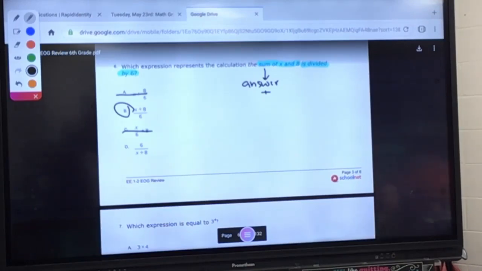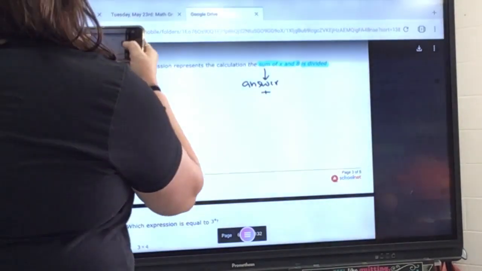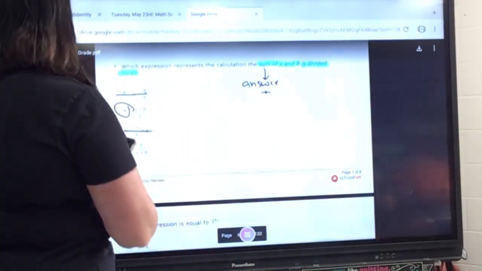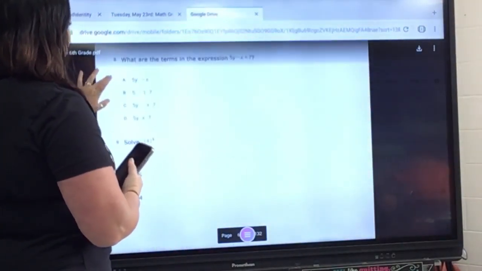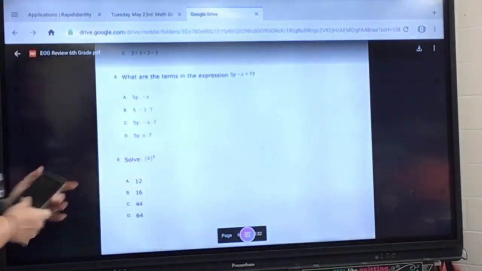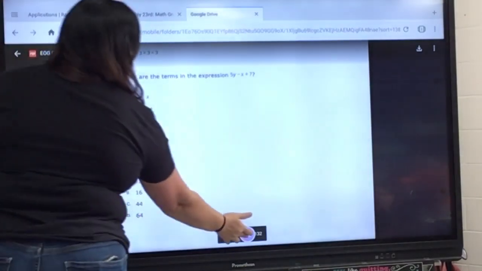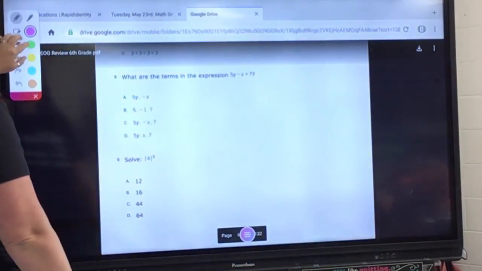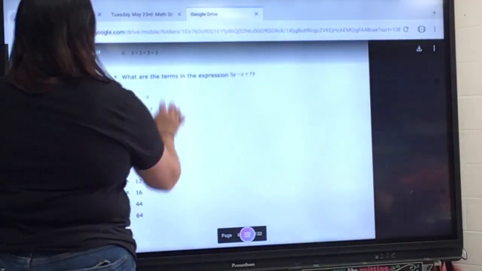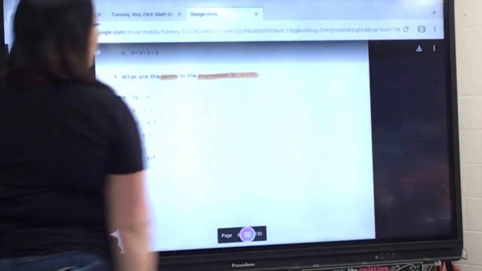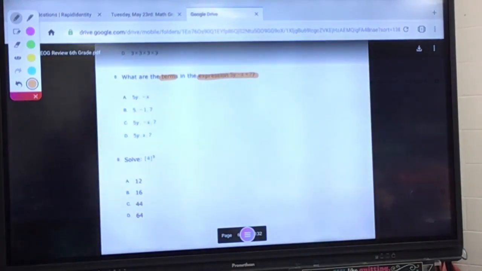All right, move on to number 8. So like I said, I'm really glad that you guys brought up the word terms and started talking about all that, because this question has to do with terms. It says, what are the terms in this expression? 5y minus x plus 7.